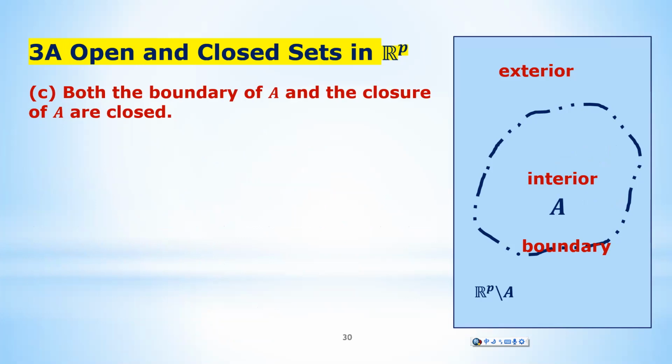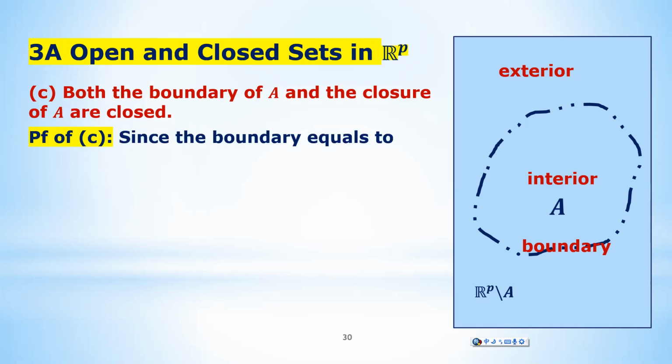Now this is very simple, because we have already established that the interior and exterior are both open. So it's easy to see that the boundary is closed. Why? Because the boundary equals the whole space minus the union of interior and exterior. Both exterior and interior are open, so the union is also open.